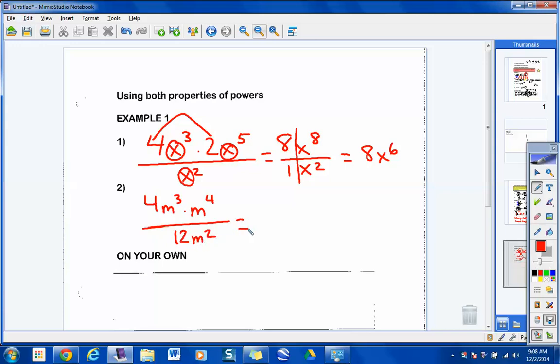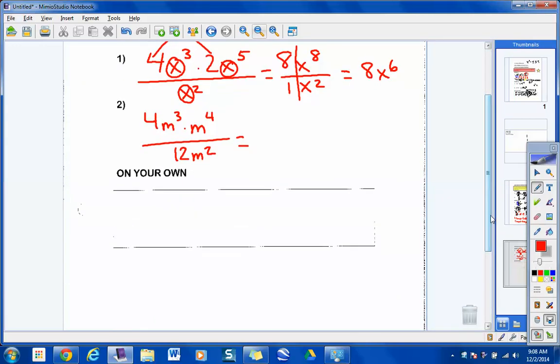Up top, how could I rewrite the numerator? 4m to the 7th, okay? So I've got 4m to the 7th, and on the bottom, still 12m to the second.